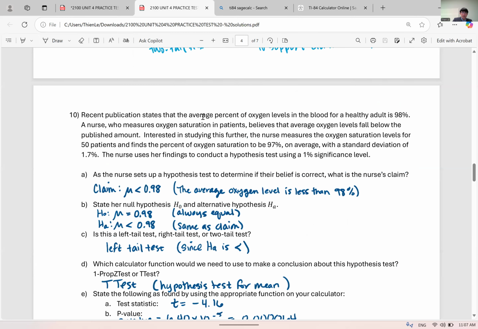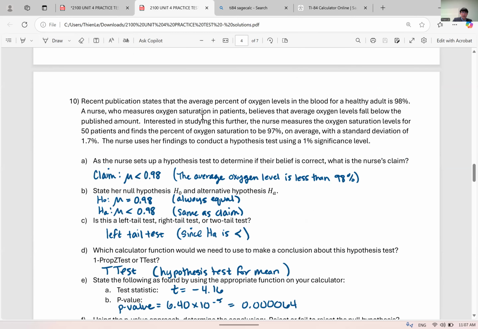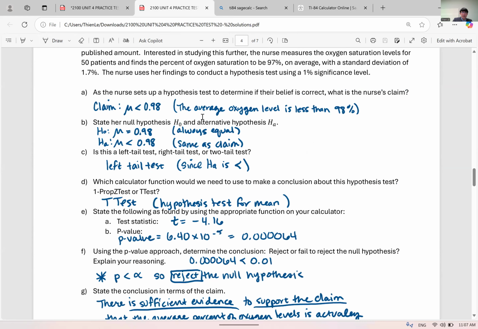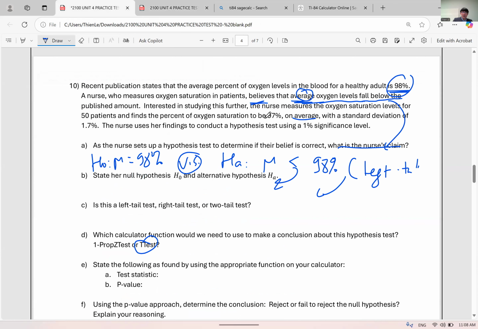So mu is 98%, or 0.98 under the null. You need to provide the X bar. In this case, your X bar will be 97%, which is 0.97.